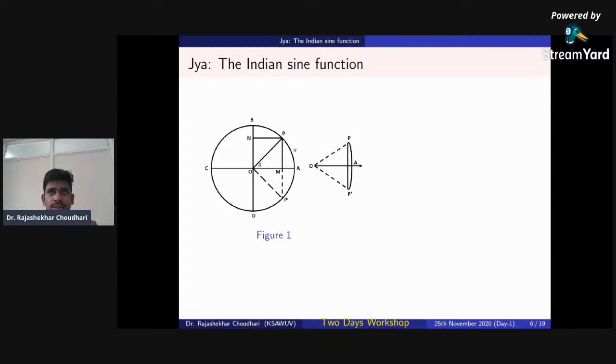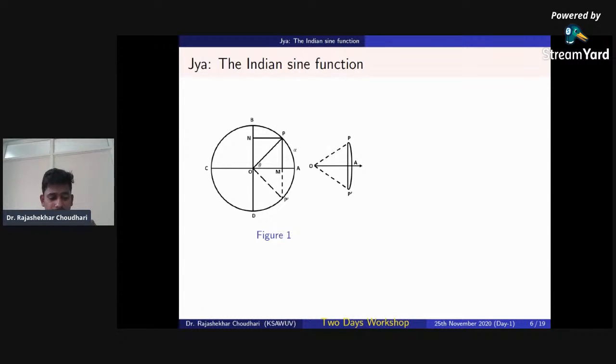That is the reason the bowstring was called ja in Sanskrit. So that is the reason Indians called this sine function ja. Ja was the term used by the Indian scholars.